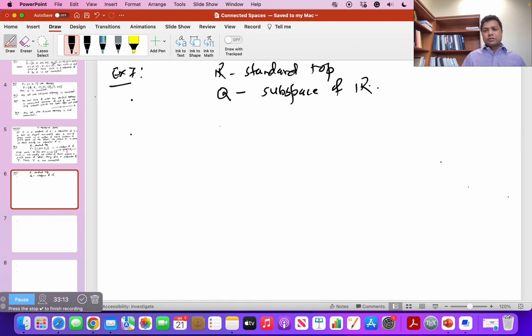This is because to show Q is not connected, you can take a look here. This is our real line, negative infinity to positive infinity.